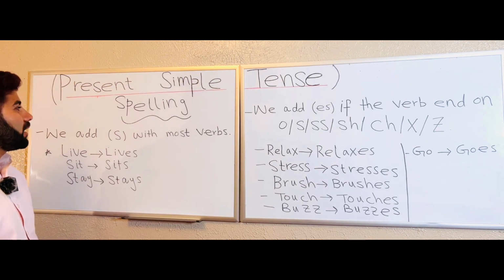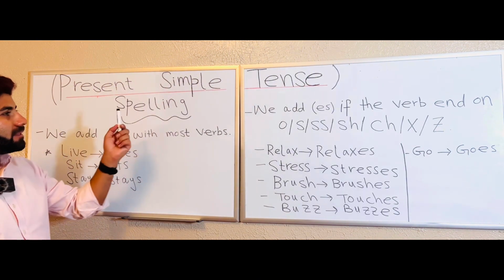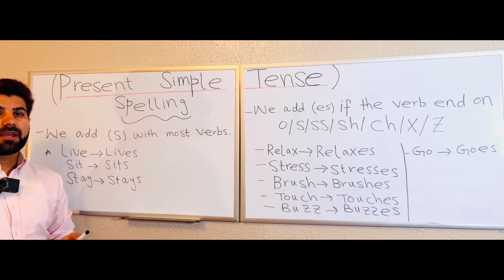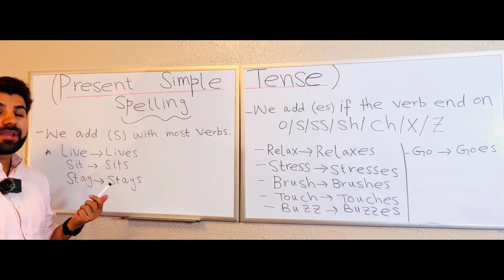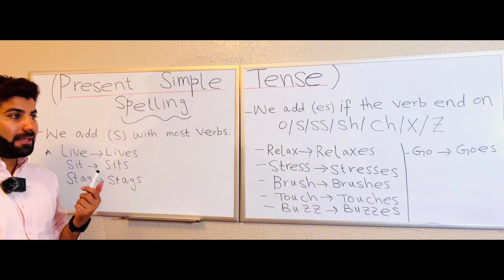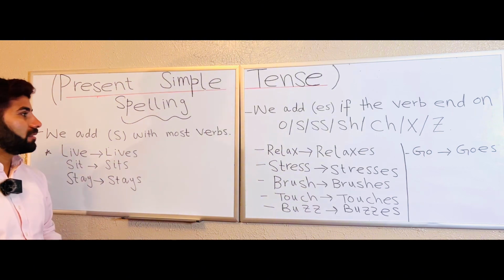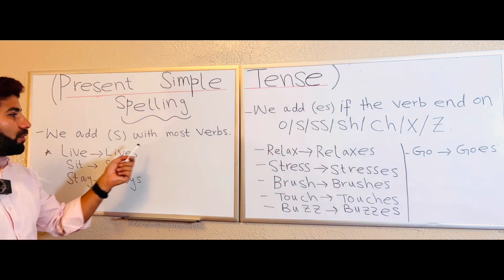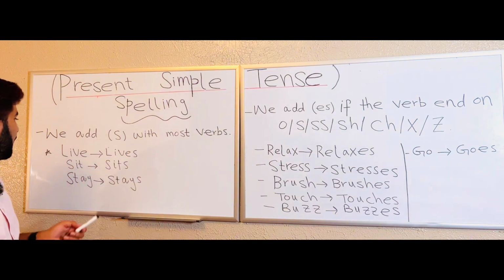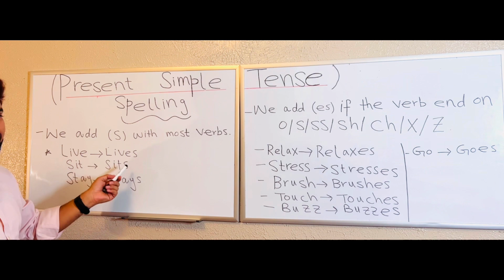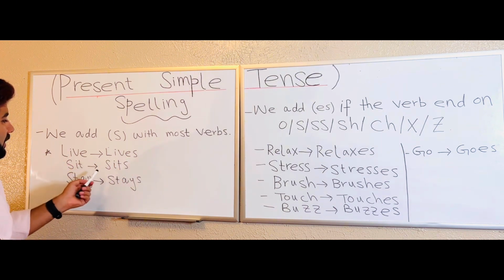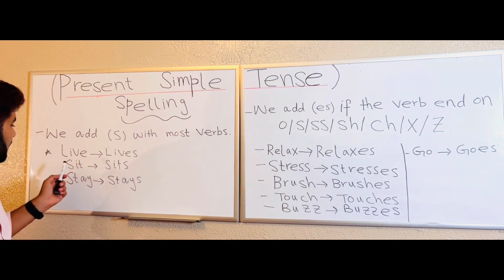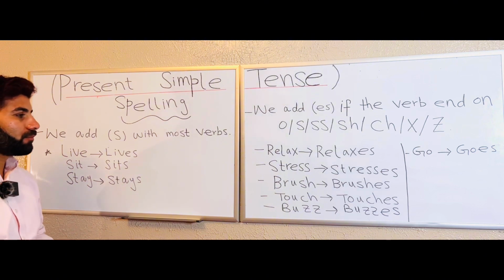Now we will be talking about spelling in the present simple tense, where we can add s, es, or ies. We add s with most verbs, like live, lives, sit, sits, stay, stays.